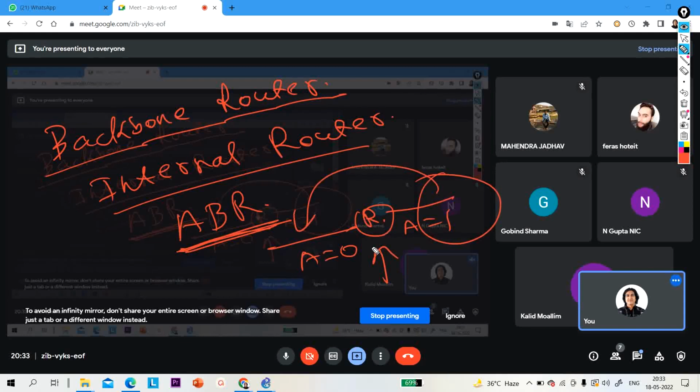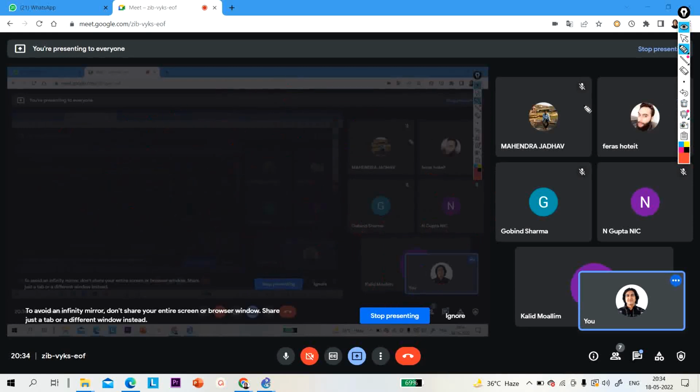But how will the ABR router work? Let me draw this topology again. Suppose I have a network like this: R1, R2, R3.